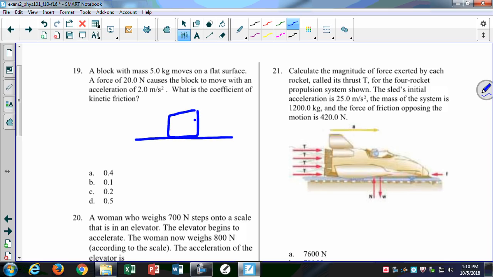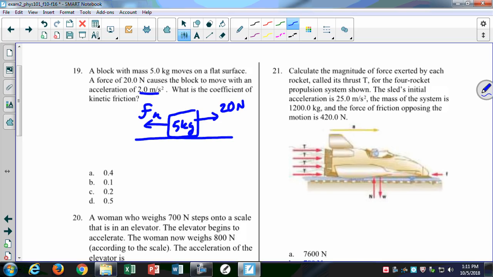If I have 20 newtons acting on a 5 kilogram block, well, gosh, I should be getting 4 meters per second squared out of that force, but I'm not. I'm only getting 2. And that means there's another force, and I know that force is friction.